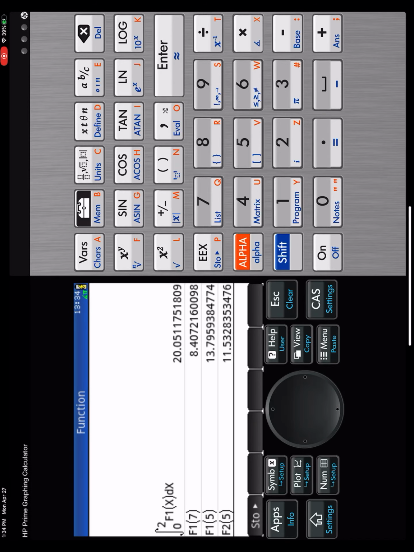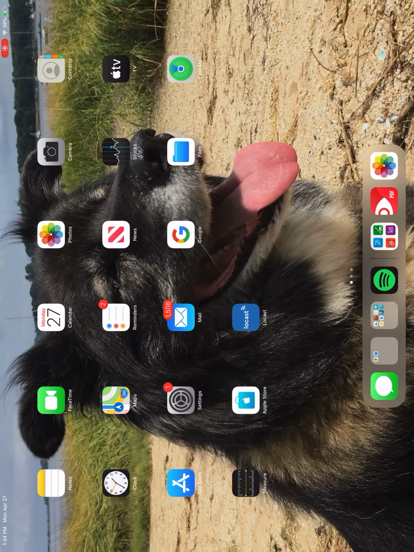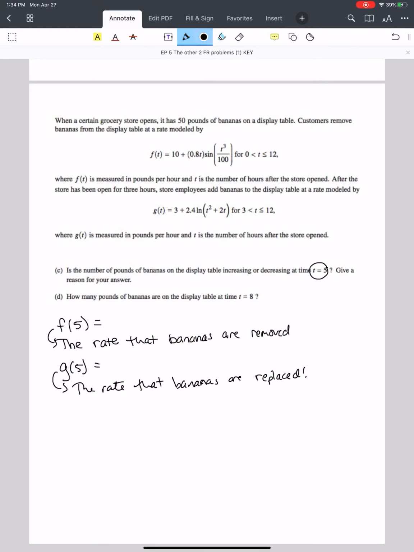So one of them is 13.795. Basically the rate of them being removed is greater than the rate of them being replenished. I would put these numbers in, but for some reason I don't have them in here. So the rate f of 5 is greater than g of 5. You can put the numbers in to help, but whatever.